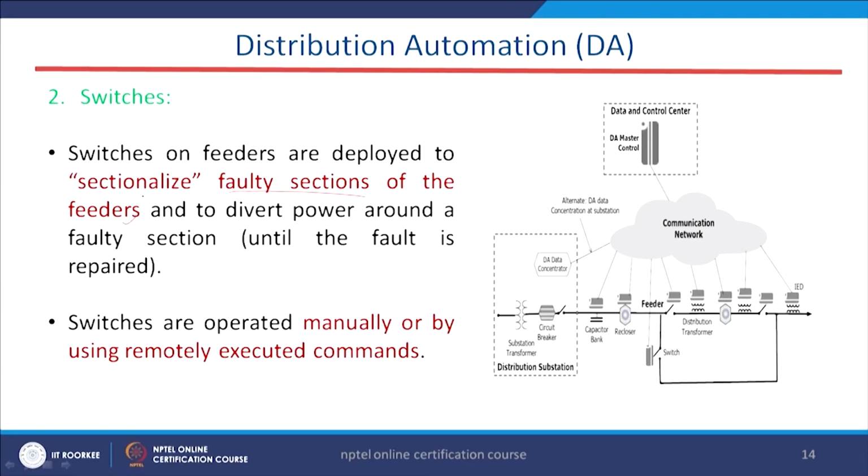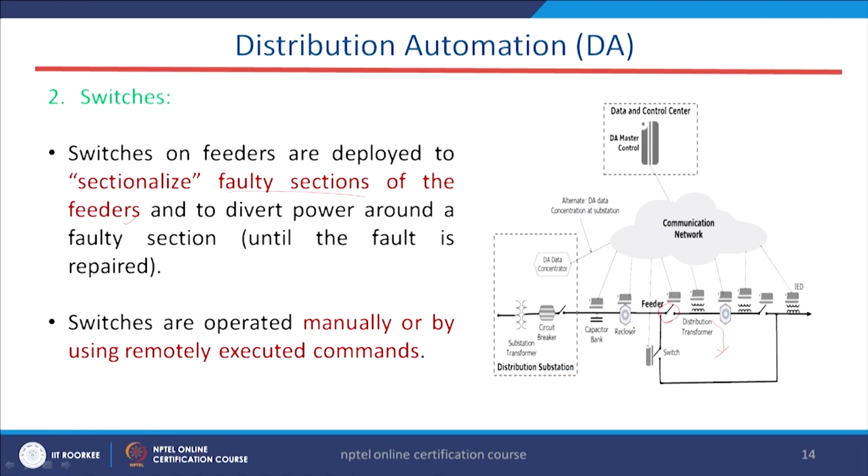Let us say in some part of the feeder we have a fault. What will happen? These switches will help in isolating or sectionalizing that particular faulty section from the healthy section.